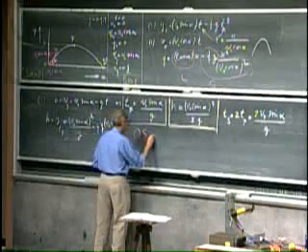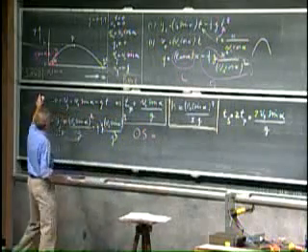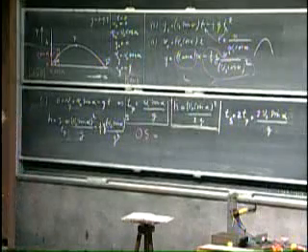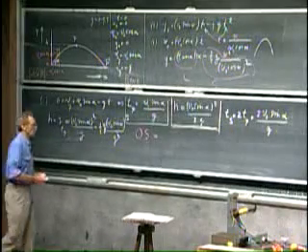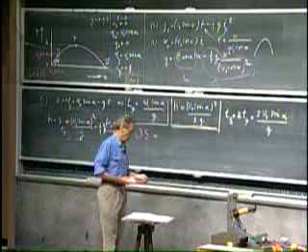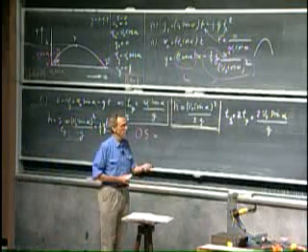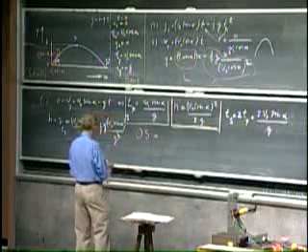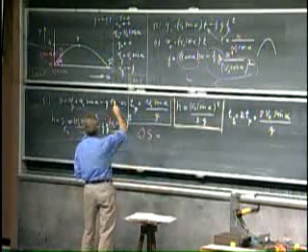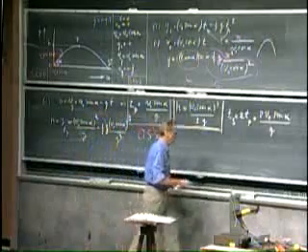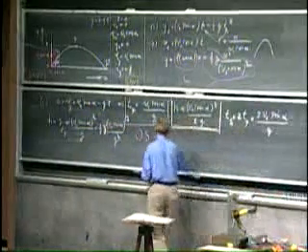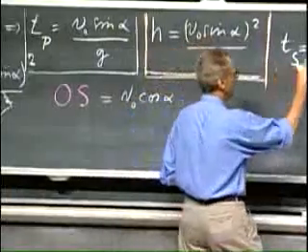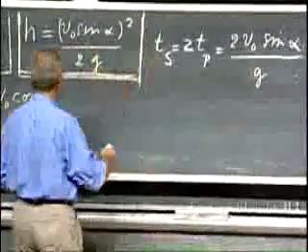I want to know what OS is. The distance OS. I shoot it up and it hits the floor again. What is that distance that it travels? Well, for that, I need equation number 1. It is v0x times the time, and v0x is v0 cosine alpha. So we get v0 cosine alpha times the time to hit it, that is 2v0 sine alpha.